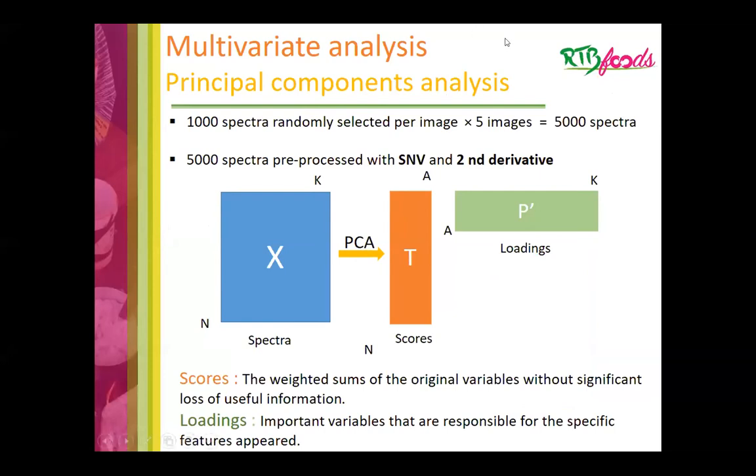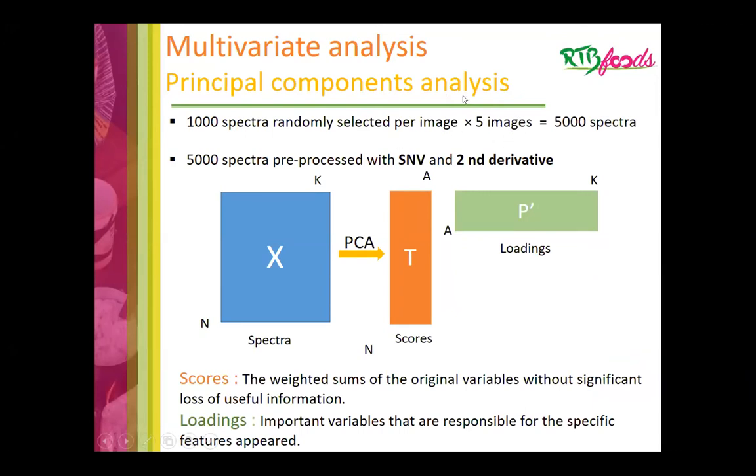When we got our spectral matrix, we can now apply multivariate analysis or chemometrics analysis. In our case, we apply the simplest one, which is the principal component analysis. To do that, we select the first 1000 spectra randomly per image.